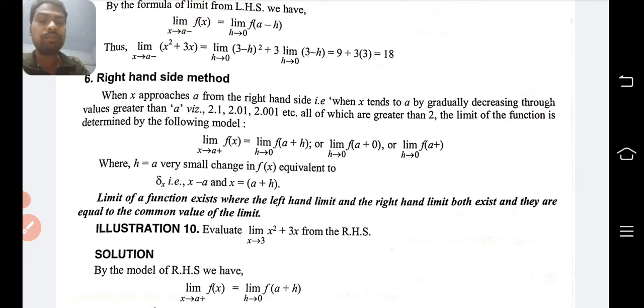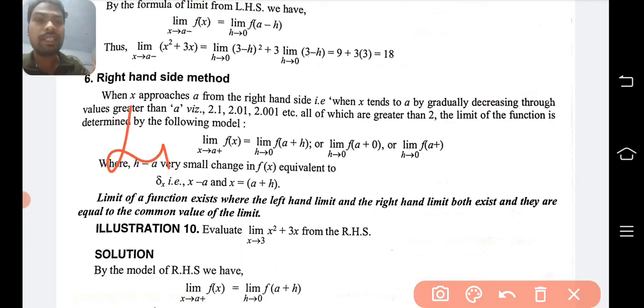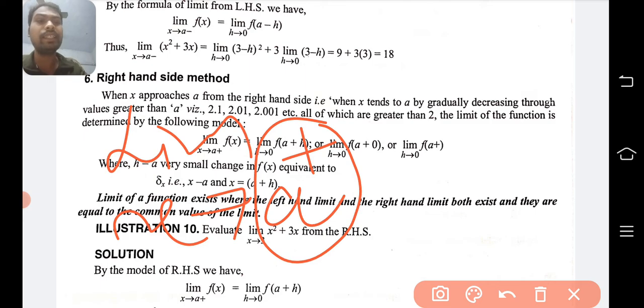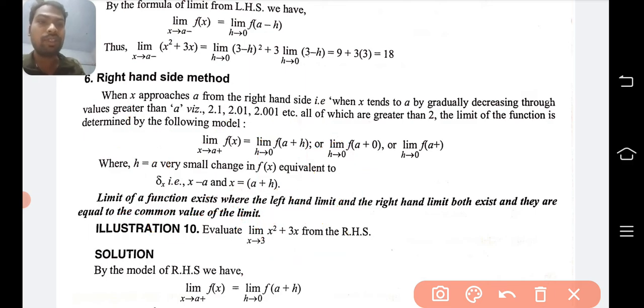Clear? Whenever we are denoting the right hand side limit, we will write it this way: limit x tends to a plus, a to the power plus. It means it is a right hand side limit. We are taking a greater value, and that greater value approaches the positive constant value. And where the x term is written, we write a plus h, that is the formula.